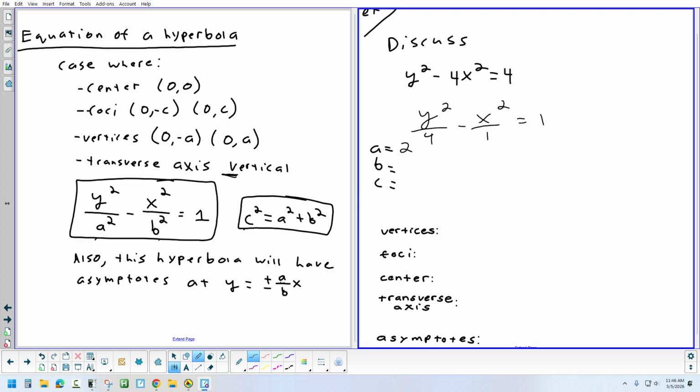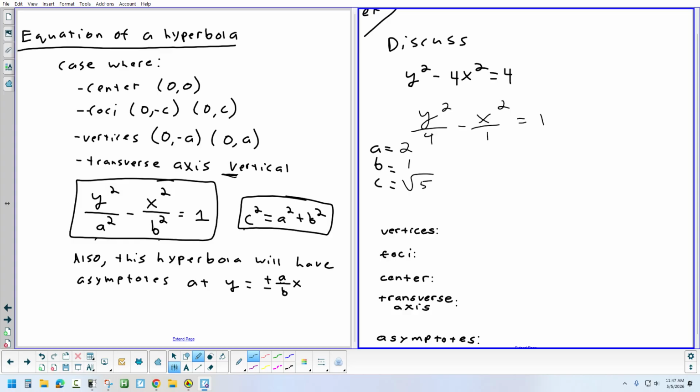B value? Yep. 1. And C value? Root 3. Not for hyperbola. This one looks more like the Pythagorean theorem. Yep. Root 5.